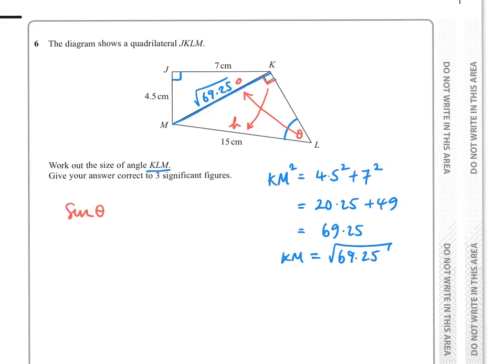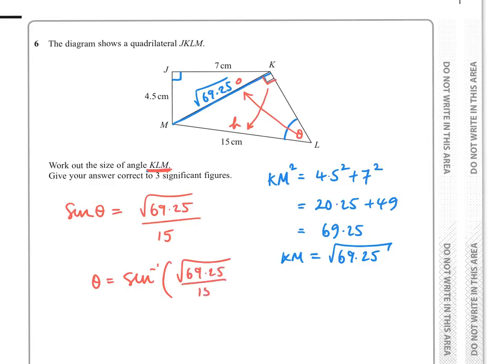So sine theta, the angle KLM, is going to be opposite, which is root 69.25 divided by 15. So the angle is going to be arc sine, or sine minus 1, of root 69.25 over 15. So let's put that in the calculator.